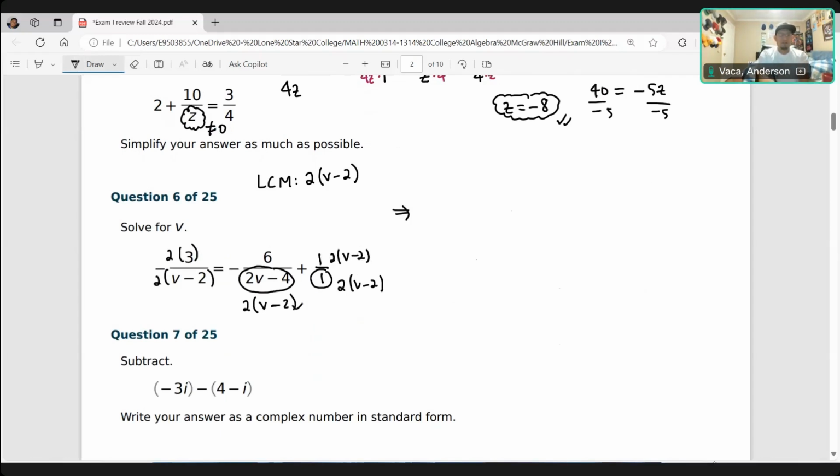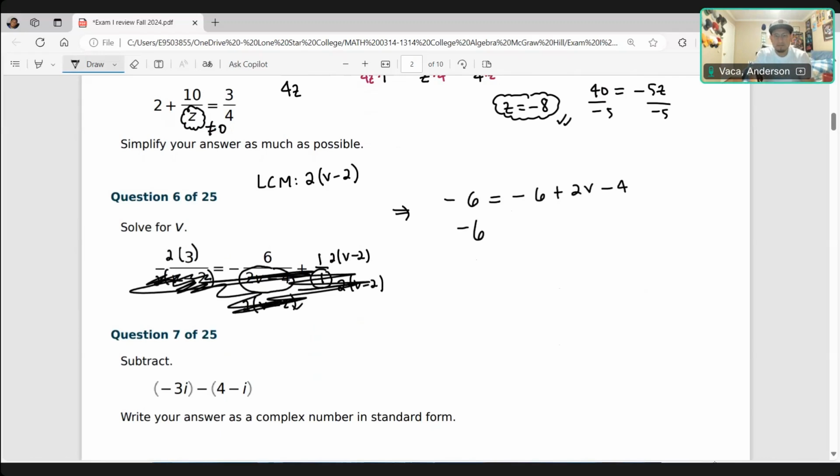Let me do this. I know it's going to look a little funky and yucky. No more denominators. So we have 6 is equal to, I think that's a negative. Oh, wait, that's a negative 6. Negative 6 plus, let's take care of this business, 2v minus 4.